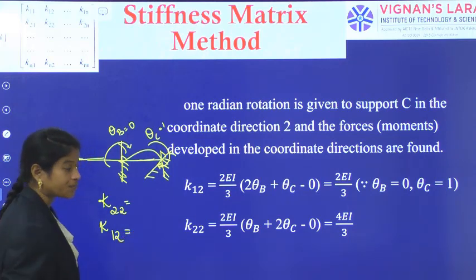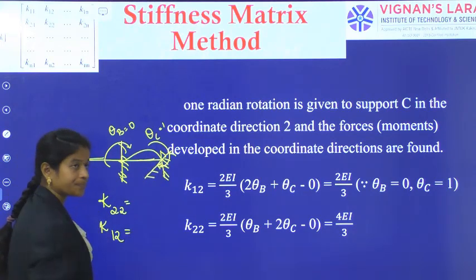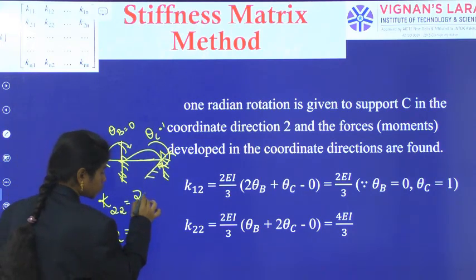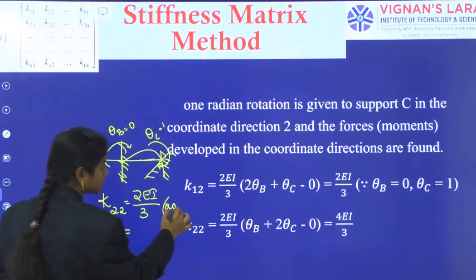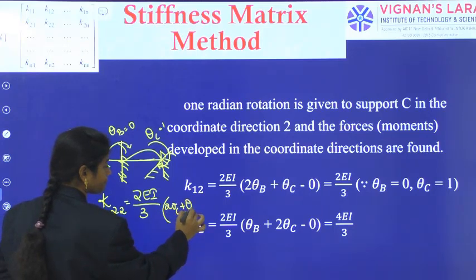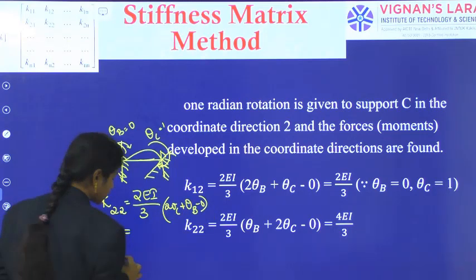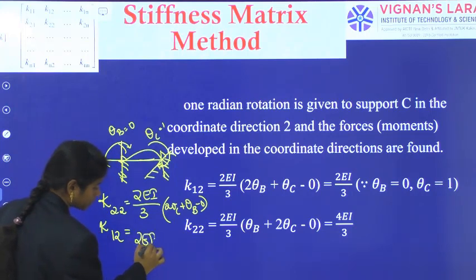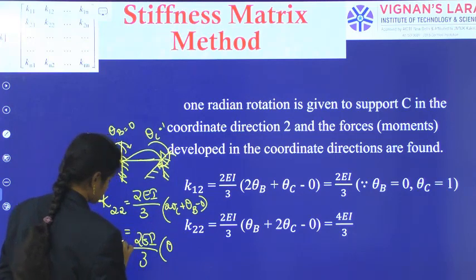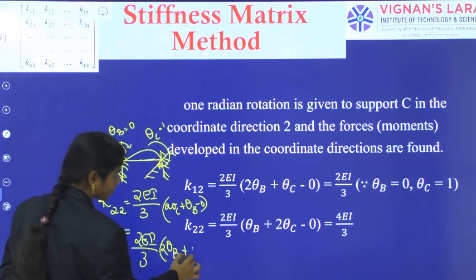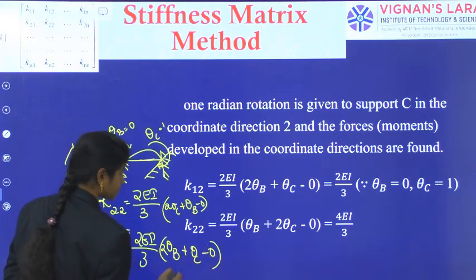K22 and K12. 2EI by 3 into, at C, 2 theta C plus theta B minus 0, and here 2EI by 3 into, at B, 2 times theta B plus theta C minus 0.